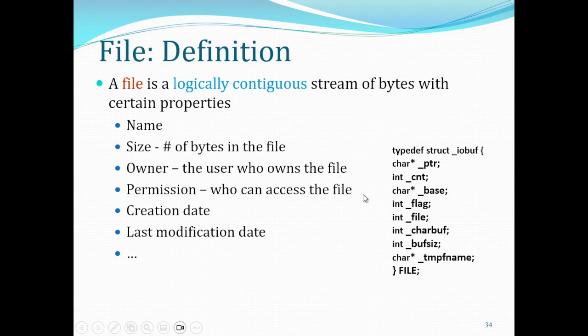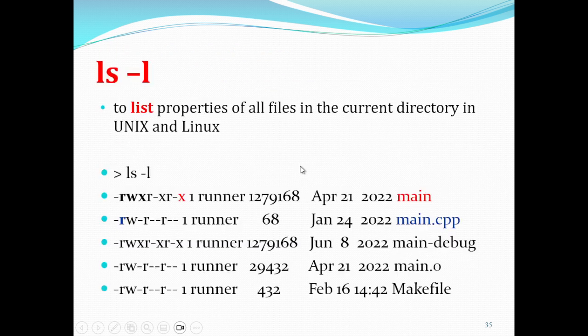So we are holding some information with this structure. In Unix, and also in Windows and many operating systems, when you use the list command, we are able to reach file properties.